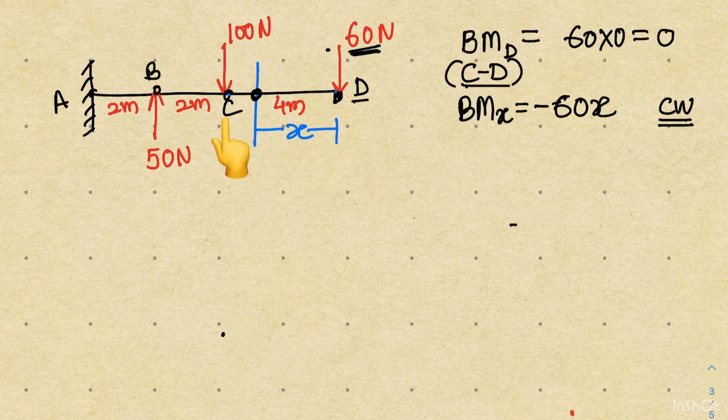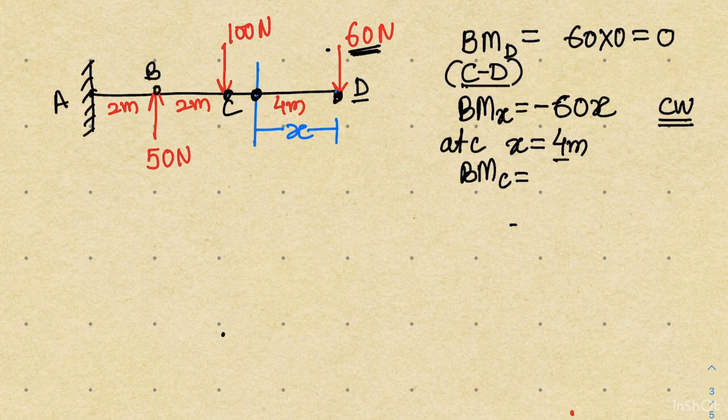This equation is actually valid till point C, because I have assumed x for a region from C to D. So when I reach point C, the x value will become what? The x value will become 4 meter. So the bending moment at point C will become what? I am going to put this x value in this expression. So it will be minus 60 into 4, that is minus 240 Newton meter.